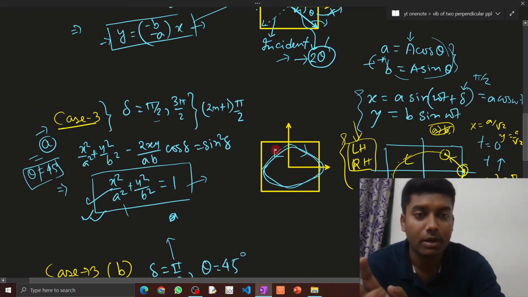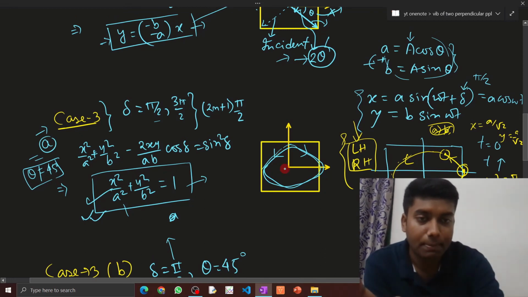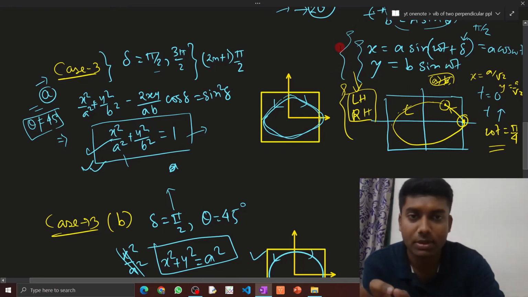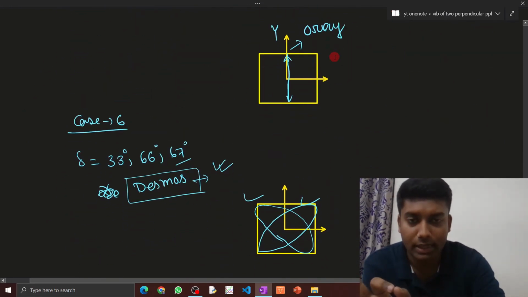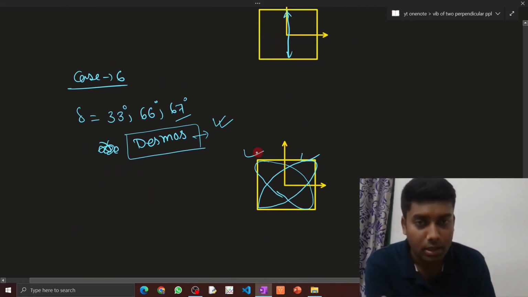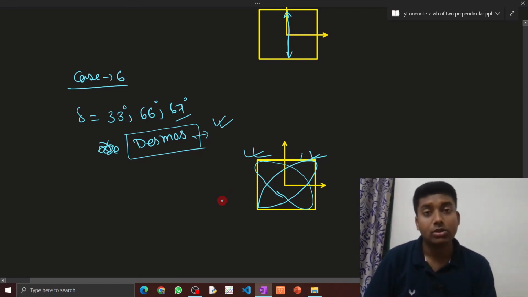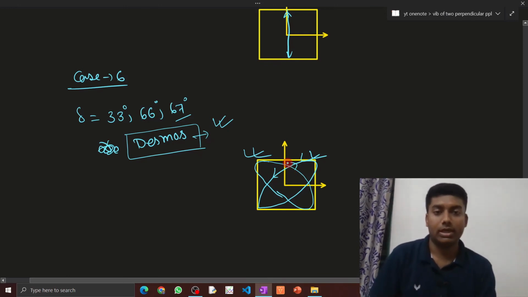You have to put it like this, which I have discussed previously, and from there you can get what the ellipse will be, this or this. So depending on that, we will also get whether it will be left-handed polarized or right-handed polarized.